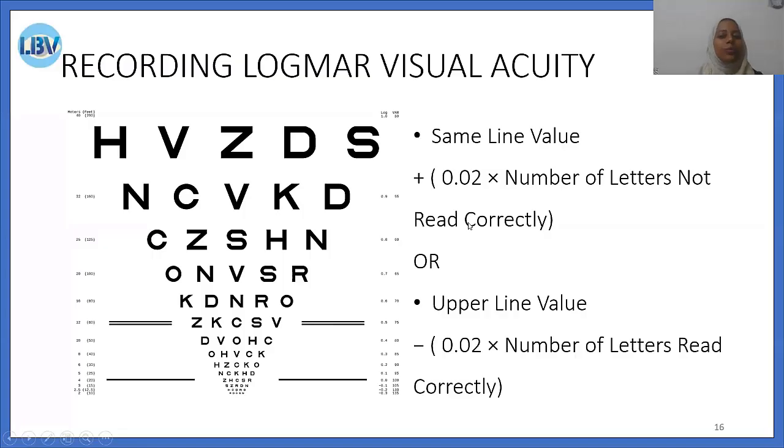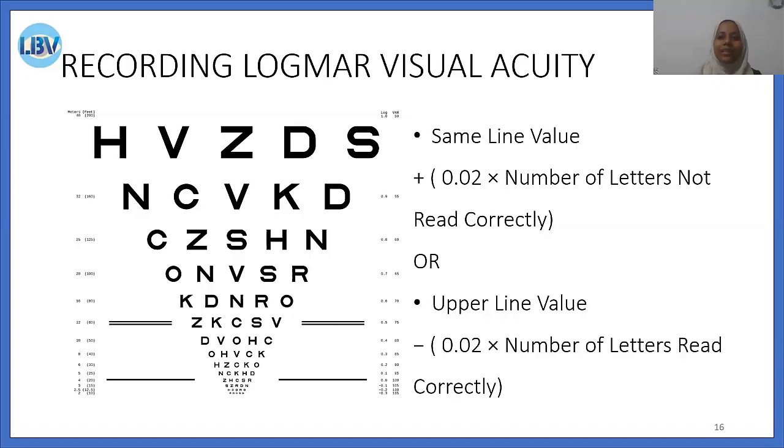So 0.8 plus 0.04 is equal to 0.84, ma'am's visual acuity. With the other formula also it will remain the same. You take the upper line value, that is 0.9, and subtract 0.06 for the letters read correctly. So 0.9 minus 0.06 is 0.84. So in both these cases, we have the same visual acuity, that is 0.84.